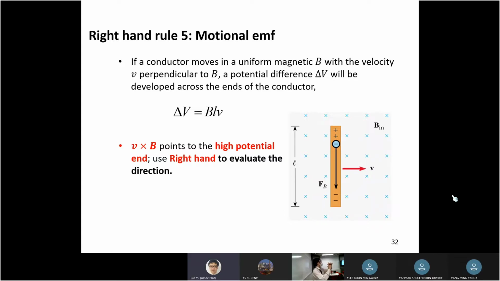V cross B: index finger is V, middle finger is B, and our thumb points to the direction of the current flow or the higher potential end. This shows the direction of the electron flow; current flows in the opposite direction of the electrons, so the current flows to the positive end. So these are the four right-hand rules.